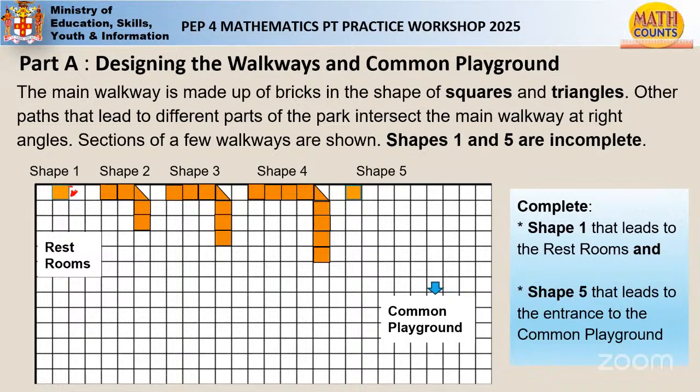Why do you think a triangle should go here? Miss, because shape 2, shape 3, and shape 4 have a triangle. But why a triangle here? Why couldn't I put the triangle down here? Miss, because that is not in a straight line.